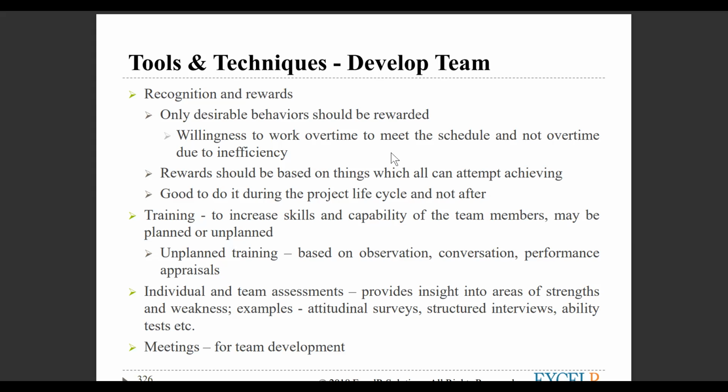If you are asking a resource to work 12 hours or 13 hours a day, that's a wrong practice, and no organization will support you. You have taken a project assuming 8 hours per day, but you are asking the resource to work 12 hours per day. That is wrong.